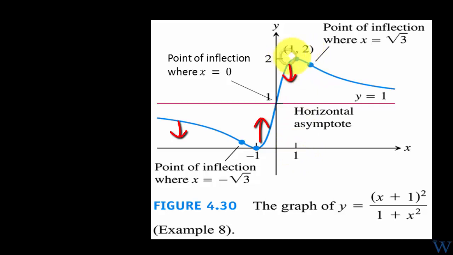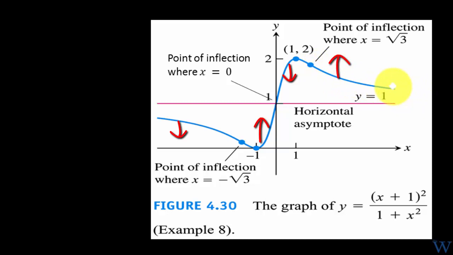We see that you have a horizontal tangent line to the curve, and with concave down, that gives you the point 1, 2 as a local maximum. And then from square root of 3 on to plus infinity, you have concave up.